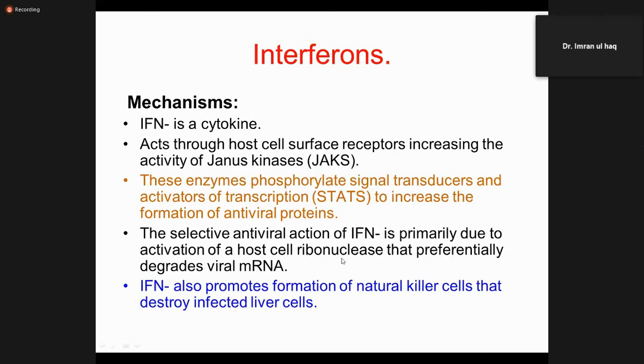After stimulation, these enzymes phosphorylate signal transducers and activators of transcription, in short called STATs, to increase the formation of antiviral proteins. Clear?